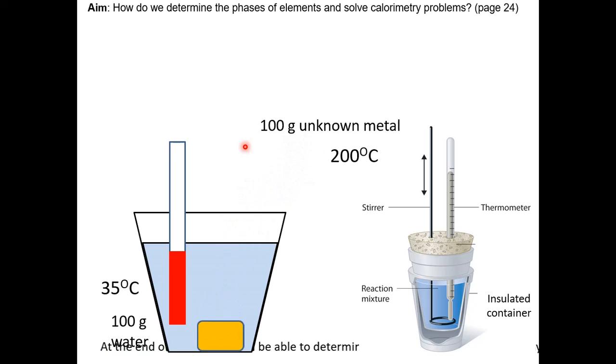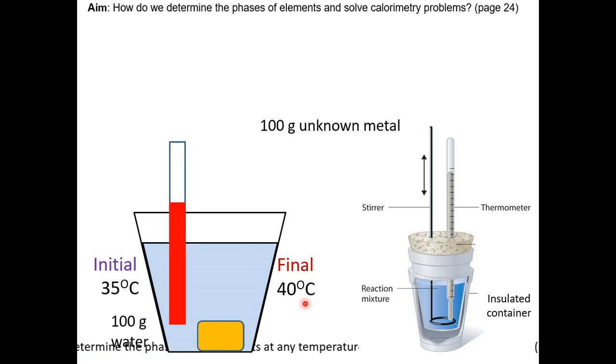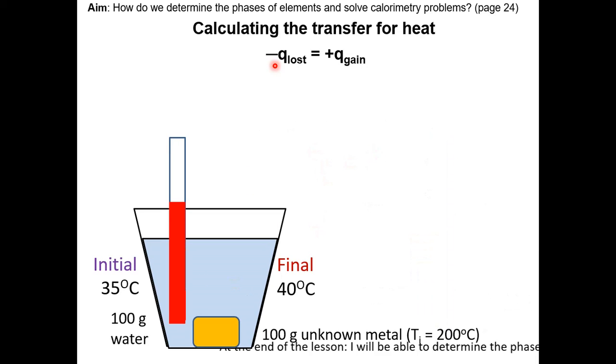So what will happen? The heat from the metal will transfer to the water, so the temperature of the water should increase. So the final temperature of the water is 40 degrees Celsius. Then you can calculate the heat absorbed by the water, or you can calculate the specific heat of the metal. We will be using this equation: minus Q loss is equal to plus Q gain.